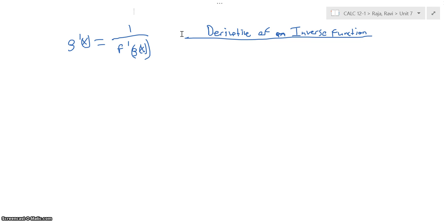If we let f be a function that is differentiable on an interval, and if f has an inverse function, which we will say is g, then g is differentiable at any x for which f prime of g of x, so essentially one of the composite functions, is not equal to 0, because of course we cannot have a 0 on the bottom of this inverse, and then this will give us our derivative of the inverse function.